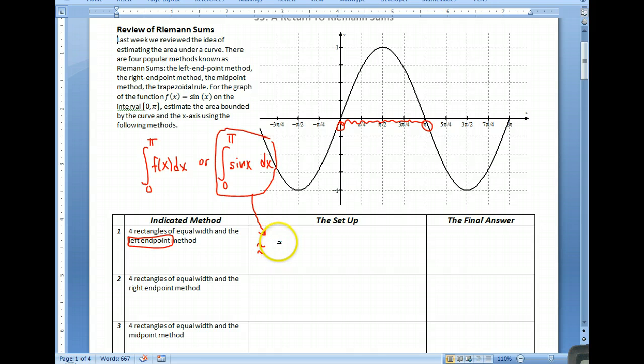So let's do the first rectangle. 0. It's so tiny, because you're using the left endpoint, that you end up getting what height? 0. So technically this would be 0 plus, what would the next rectangle be?